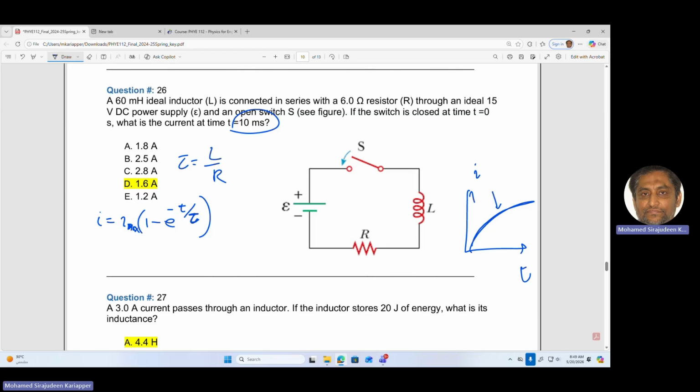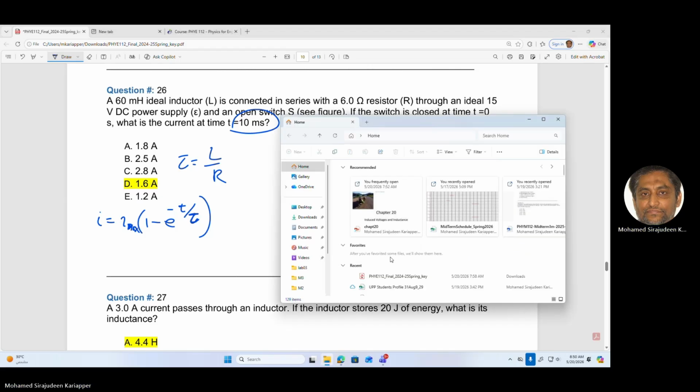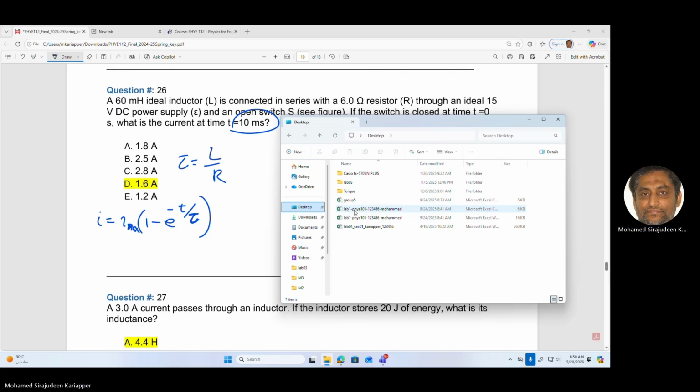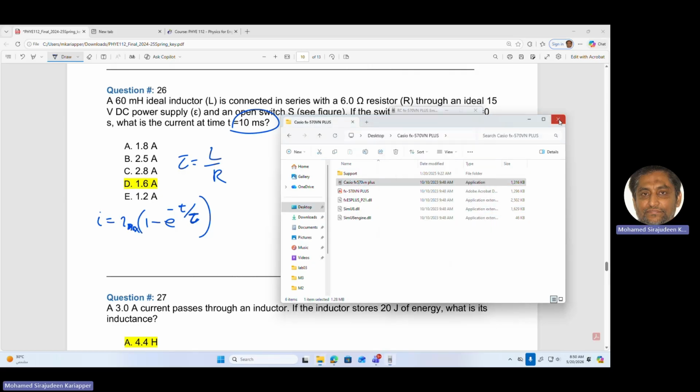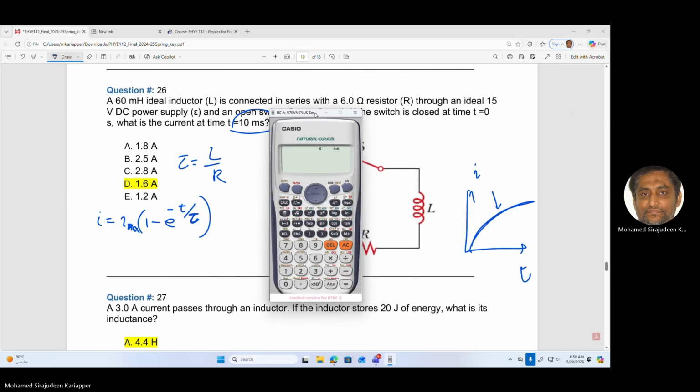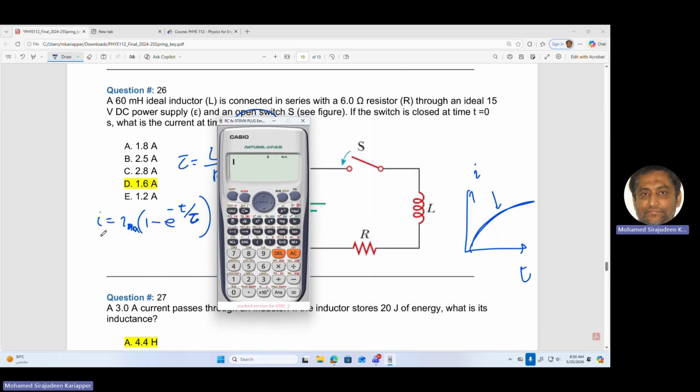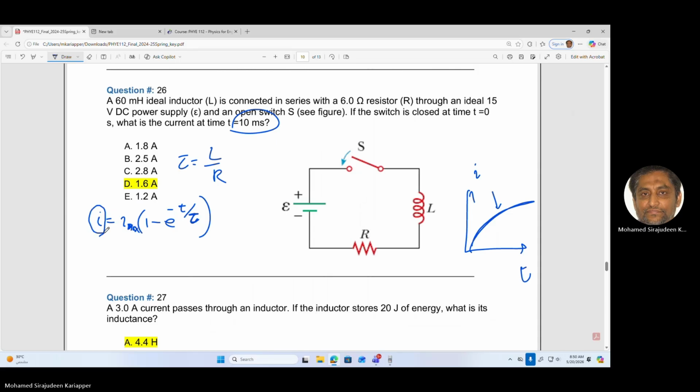Substitute the value, see whether you get the answer. What should I write for I?